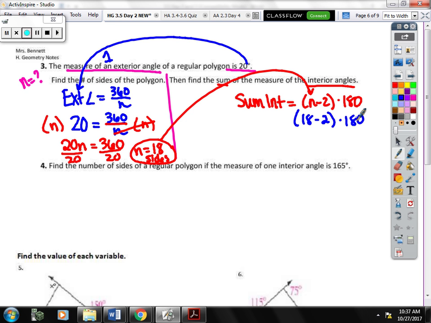And what do we get? 16 times 180, which is? And that will be degrees. That's how many degrees are inside. Degrees Celsius. We're not talking about the temperature of the polygon.